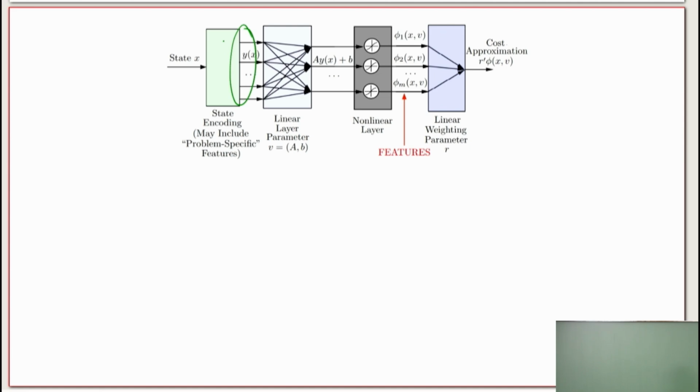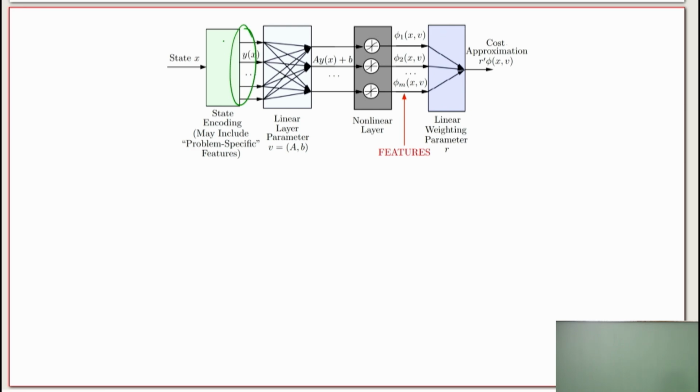And the second stage is where, assuming that these parameters are found, we have a parameter R which only acts linearly on these features phi. So we have a neural network with its own parameters like V, and then we have another parameter R. You may see this as a two-step process, but you may see this as a one-step process also.